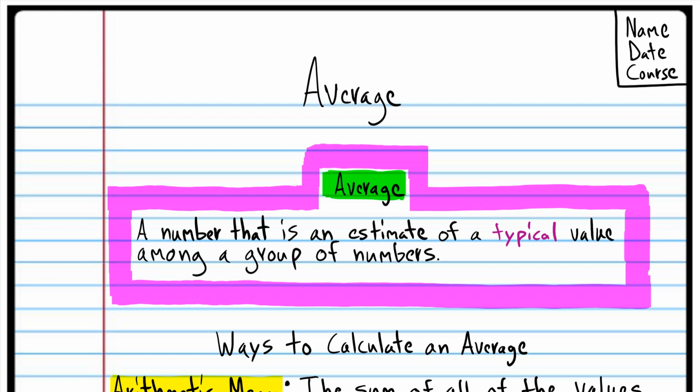And so the average is an estimate of the typical value. The average is also usually the center of the data. So if you look at all the prices for a loaf of bread, the average would be the number that is somewhere in the middle of those numbers. It's not the smallest number, it's not the biggest number, it's right in the middle.